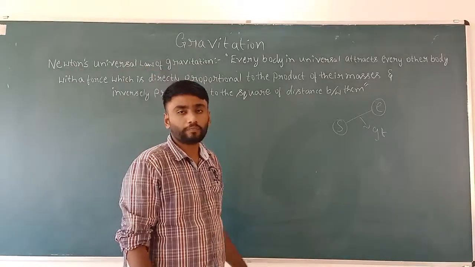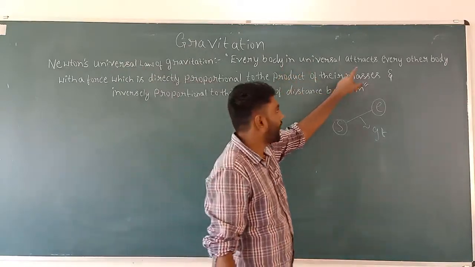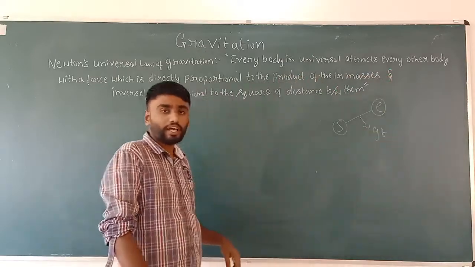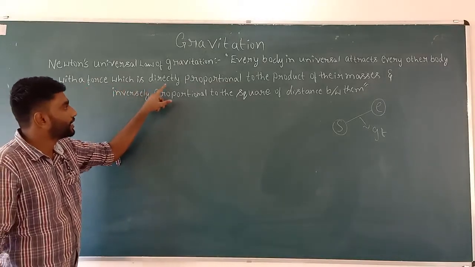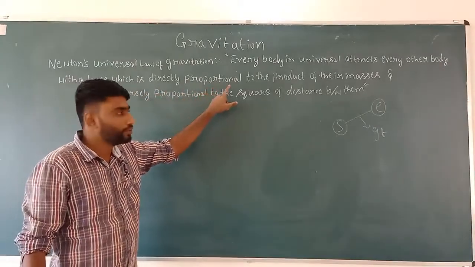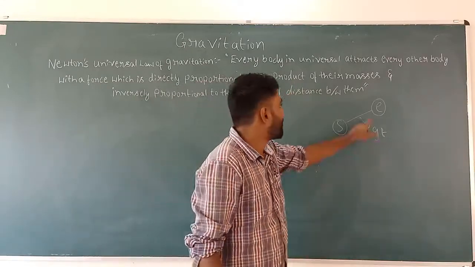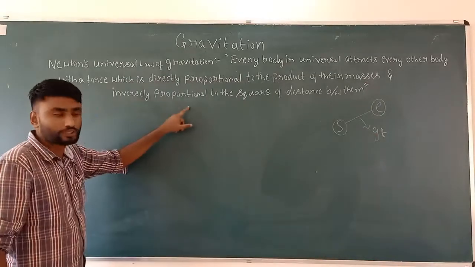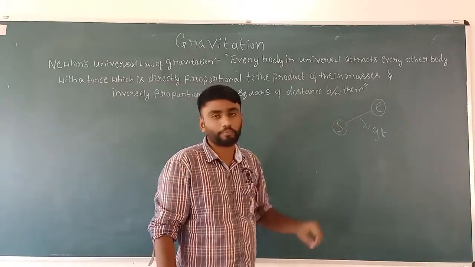Statement: every body in the universe attracts every other body with a force which is directly proportional to the product of their masses and inversely proportional to the square of the distance between them.